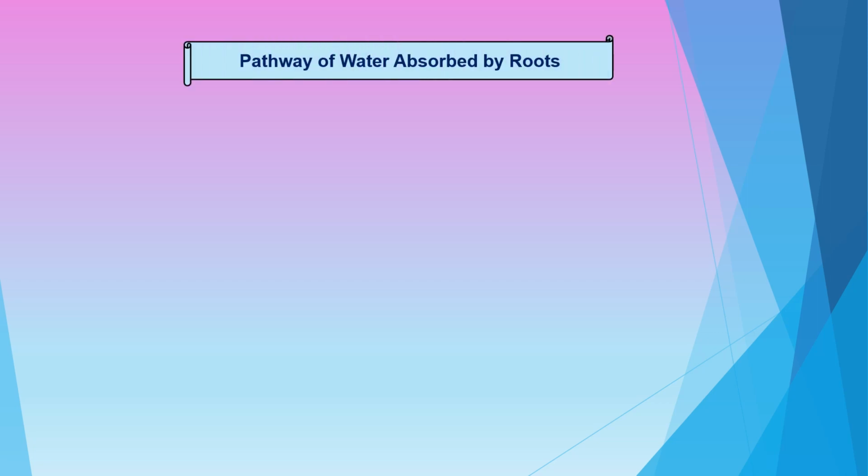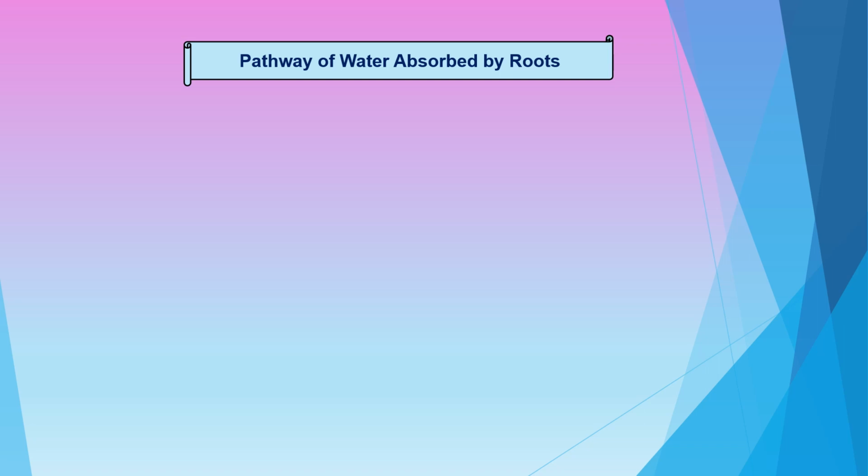The root hair absorbs water. How does that water move from the root to other parts of the plant? Pathway of water absorbed by root. The root absorbs water, and that water enters the root hair.